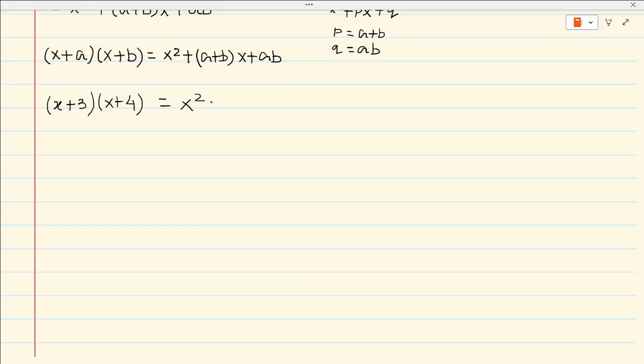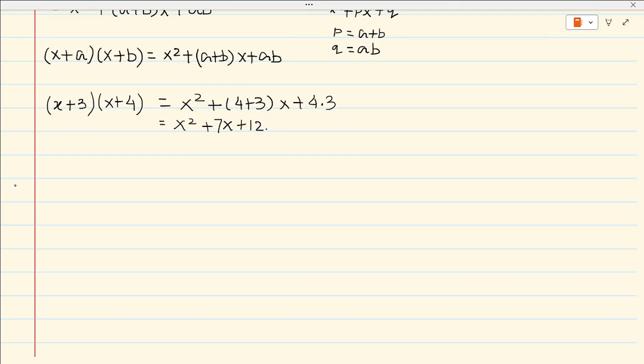You can write 4 plus 3 is 7. I'm writing here for explanation, otherwise no need to write. 4 into 3, correct. So it will become x square plus 7x plus 12. You can write it directly, correct.